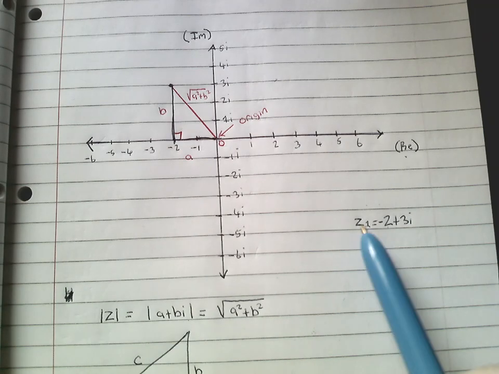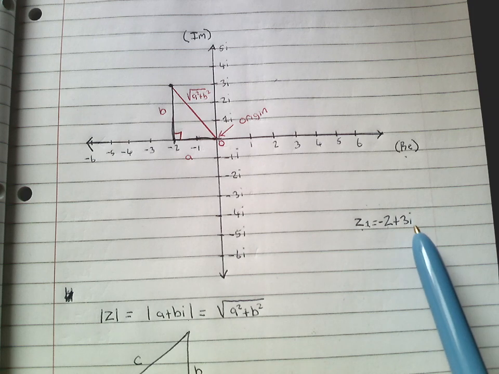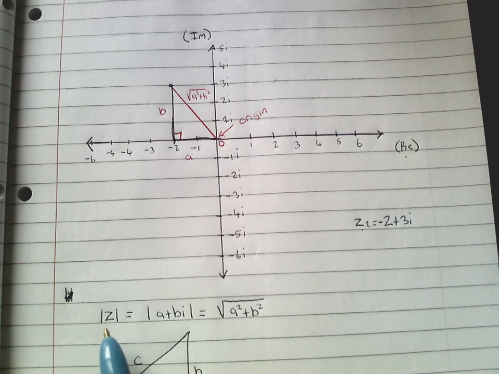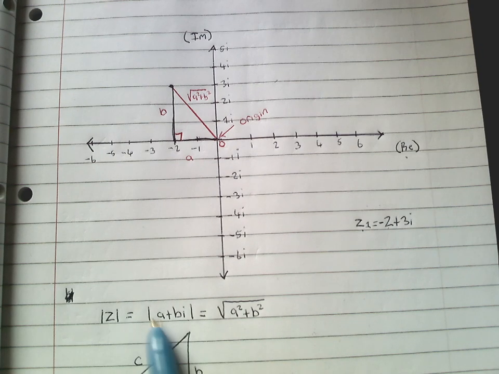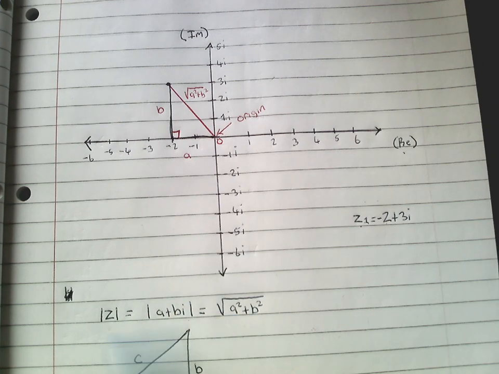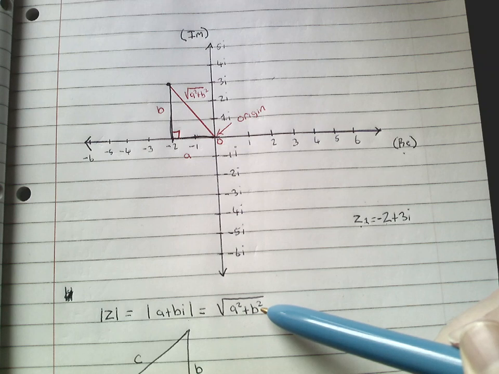So the complex number in this case is z1 equals minus 2 plus 3i, with a real part and an imaginary part. The modulus of z is equal to the square root of a squared plus b squared.